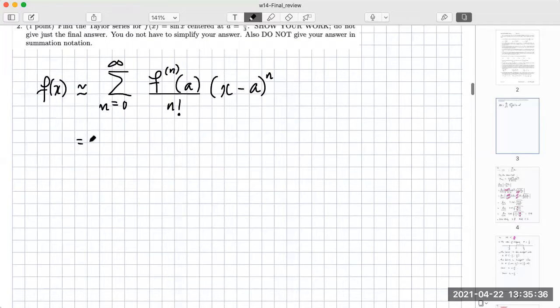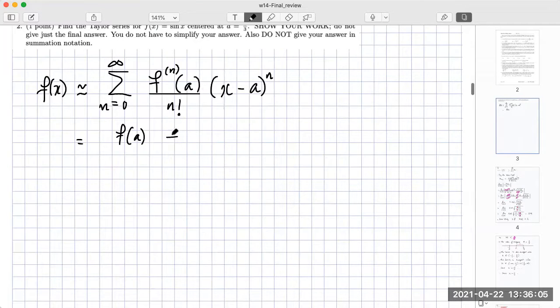When n is equal to 0, it will be the zero derivative, which means the function f at a. By definition, 0 factorial is simply 1. And the first term, anything to the 0 will be 1, so that is why the first term is f of a.